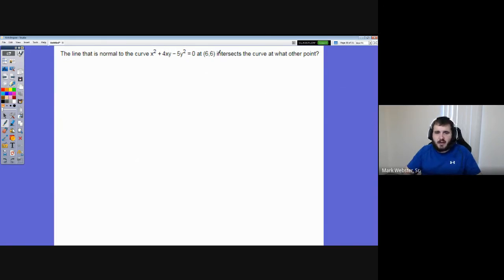It says that it intersects the curve at (6, 6), but it's also intersected somewhere else. So what you can do is solve for y, plug it in, and get that answer. So like, let's see.